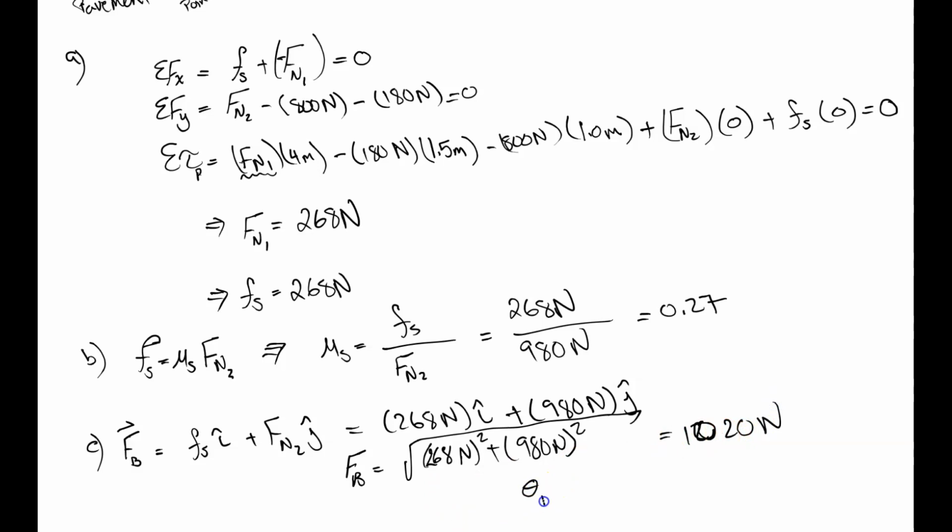And the angle for this F sub b is going to be the tangent inverse of 980 over 268. Notice that they're both positive, so this gives us about 75 degrees, and we have found the magnitude and direction of the contact force at the base of the ladder. And this ends our example.